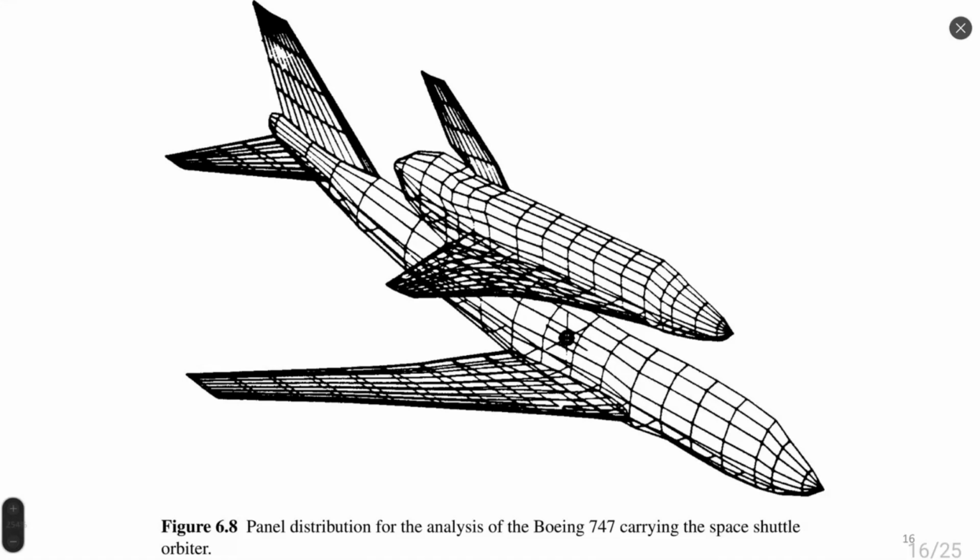Of course, nowadays such tasks can be performed with very different methods and approach. For example, with CFD methods, it could be calculated much more precisely.